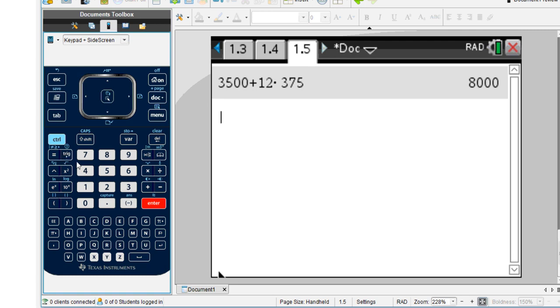Okay, if we put in -2, control vars a, use a instead of x.